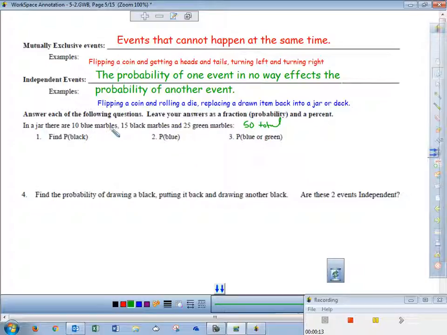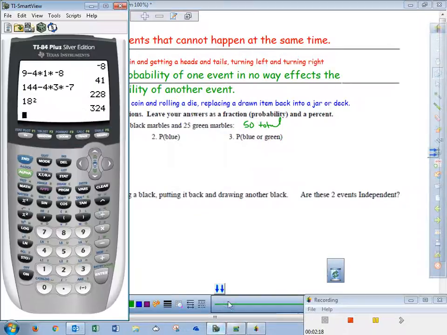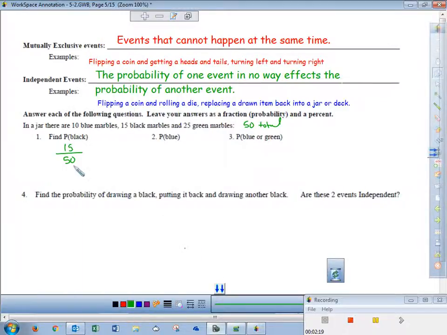Well, probability is what you want, a black. There are 15 of those, divided by total. So there's 50. And we could reduce that. You could simply do that in your calculator. 15 divided by 50. And then math, enter it. And that's a 3/10 situation.